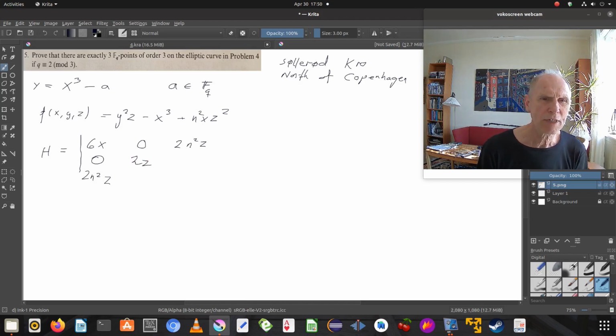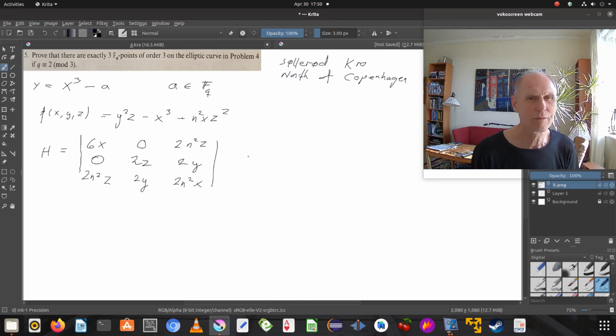First with respect to y, 2yz, then with respect to z, and finally twice with respect to z. So this determinant, it actually has quite a lot of terms. It should give the equation we already have.